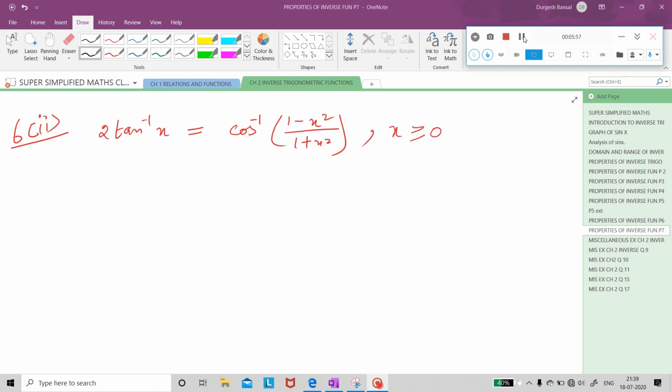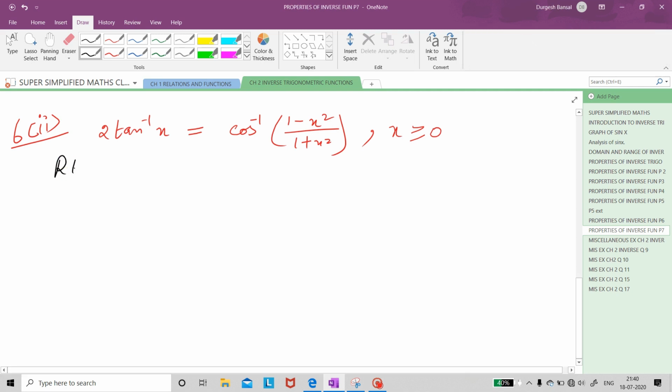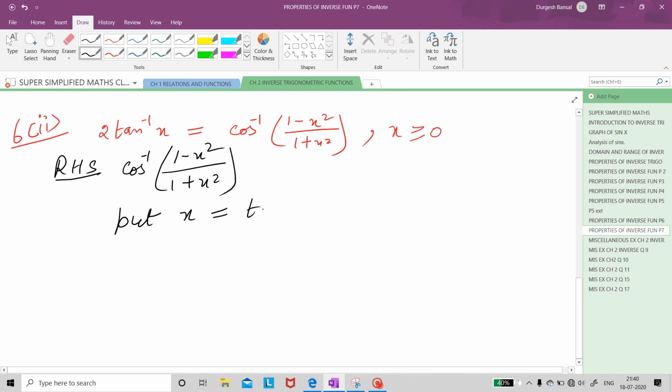Second part says 2 tan inverse x is equal to cos inverse 1 minus x square upon 1 plus x square. So we take the right hand side, cos inverse 1 minus x square upon 1 plus x square, and in the right hand side we put x to be tan theta.